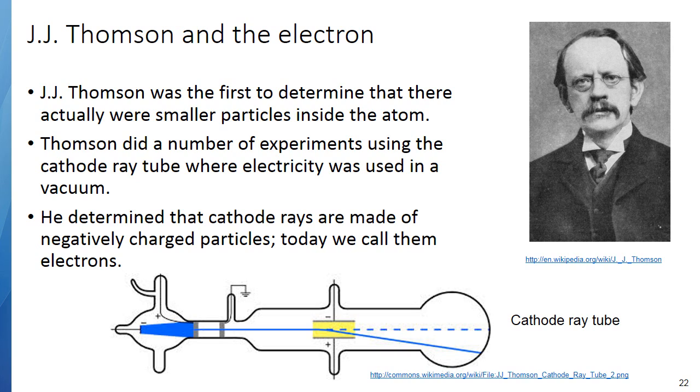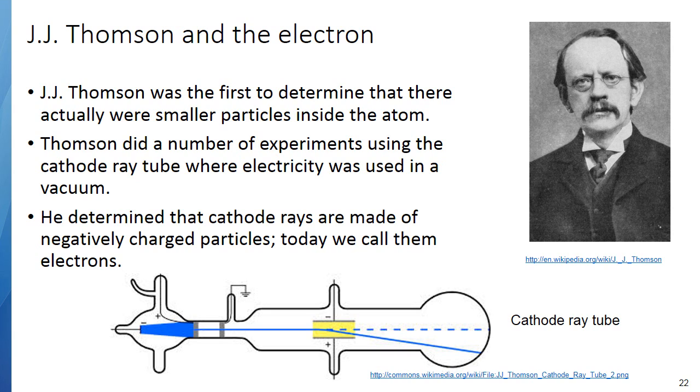J.J. Thomson was the next scientist in our timeline, and he was actually the first to determine there were smaller particles inside the atom. He was the one who discovered the electron. He did some experiments using a cathode ray tube, which you can see a picture of here.